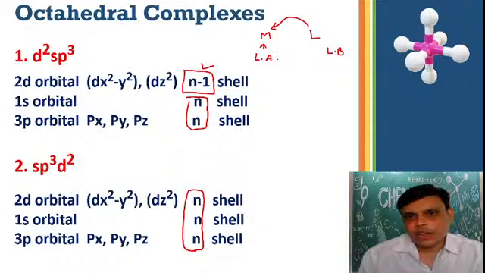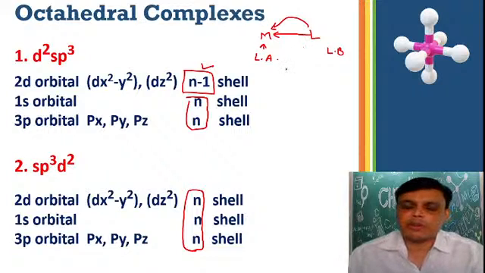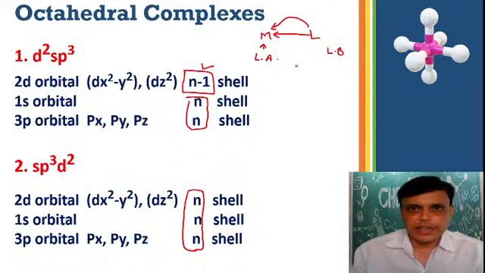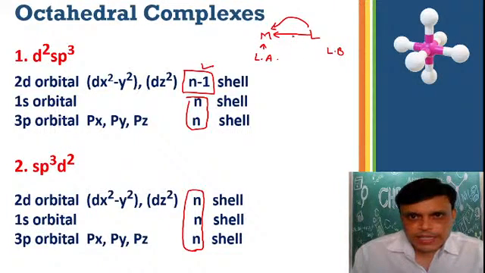So after the donation of electrons, a coordinate bond will get formed. Why will a coordinate bond get formed? Because two electrons are donated by the ligand only.